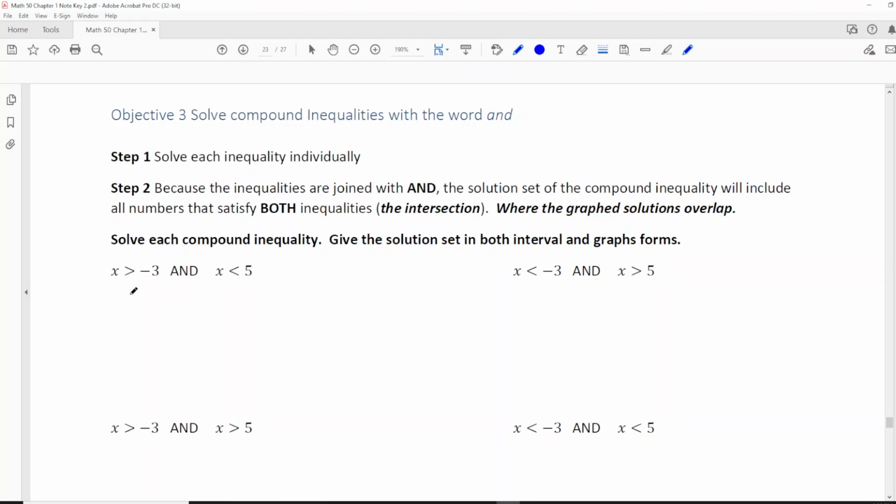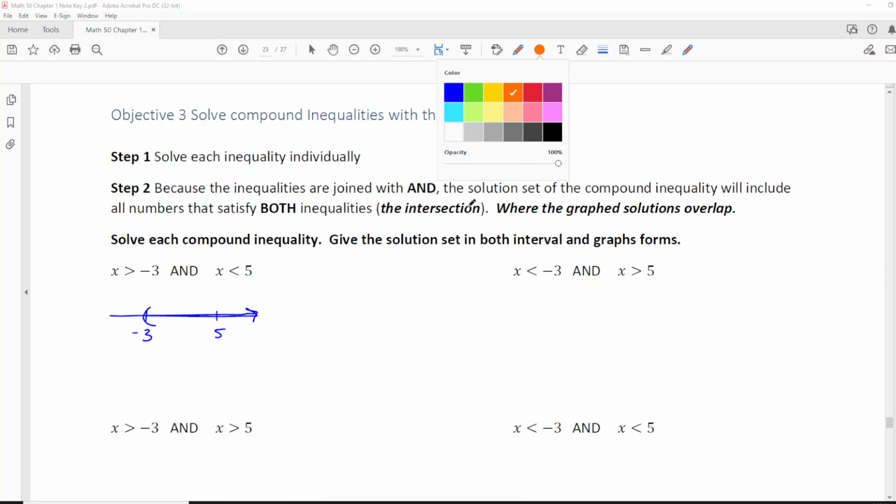So for example, if we have x is greater than -3, -3 is the smaller of the two numbers, and then we've got a 5 here. If I want to draw x is greater than -3, I'm going to do a round bracket opening to the right. Then I'm going to use a different color and graph x is less than 5, which is a round bracket opening to the left on 5.